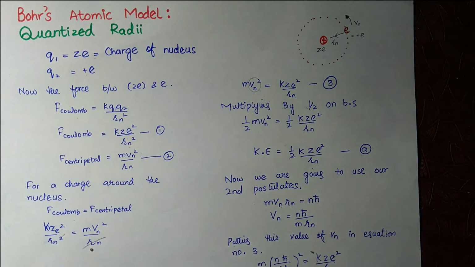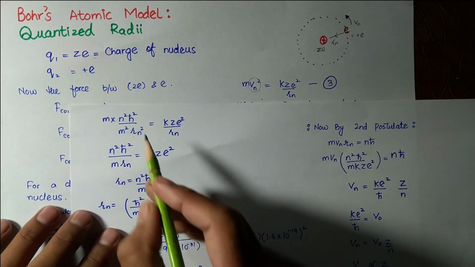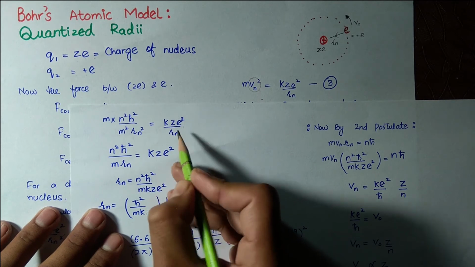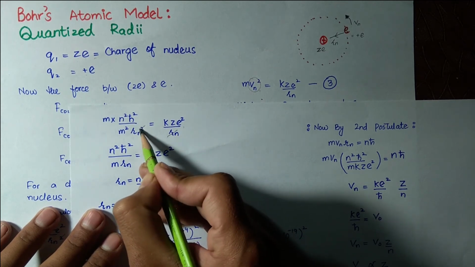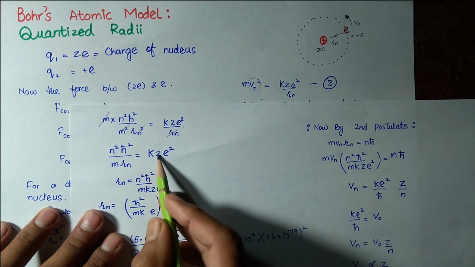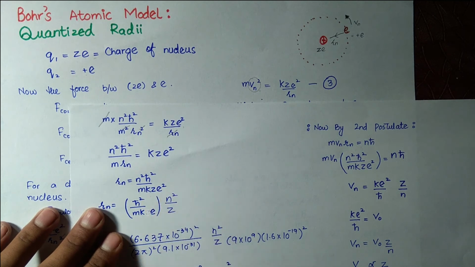Now open up the square, and opening this square here, the equation will be like this. This Rn square will be cancelled out with this one, and this m will be cancelled out with this, and Rn will be equal to n square h cut square over m k Z e square.